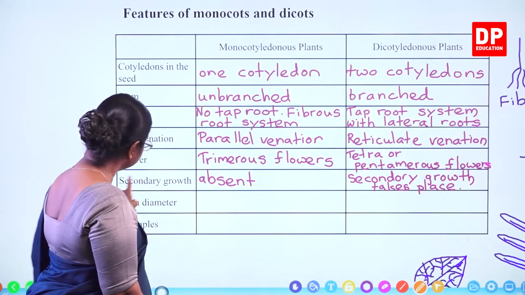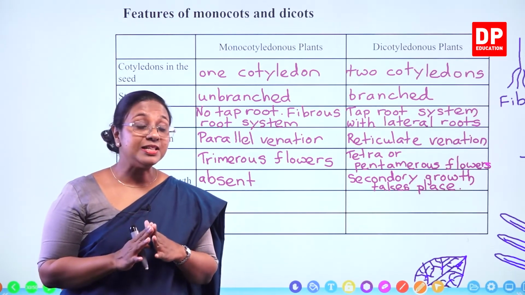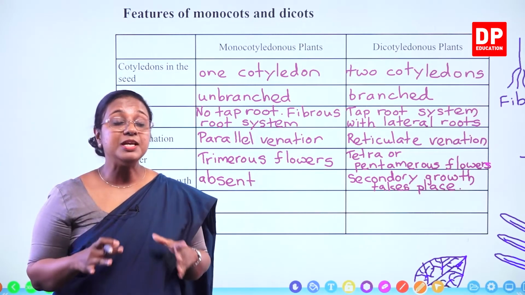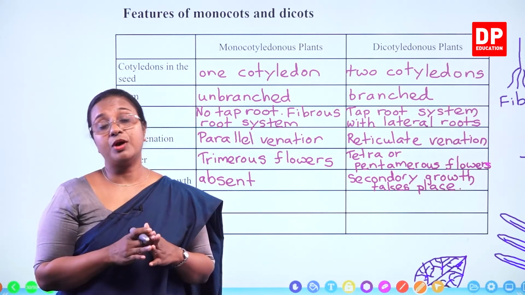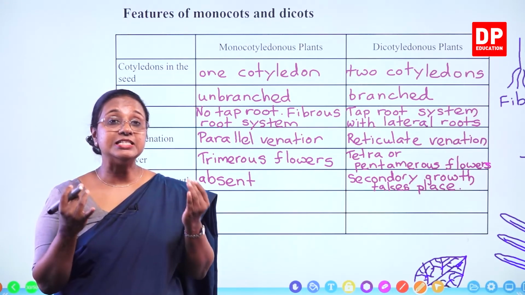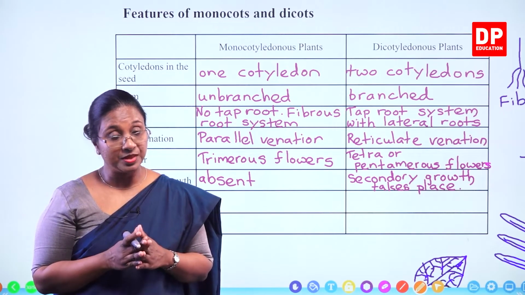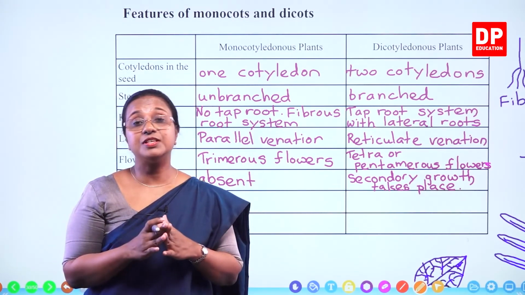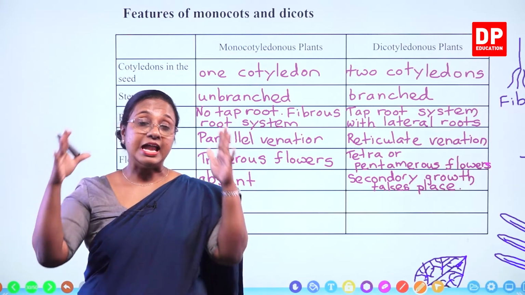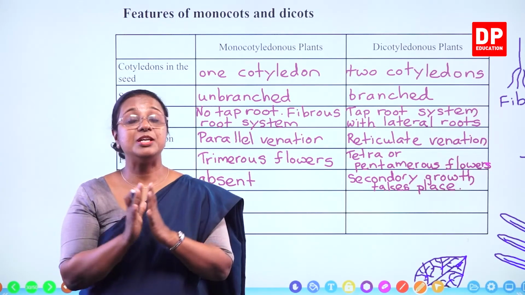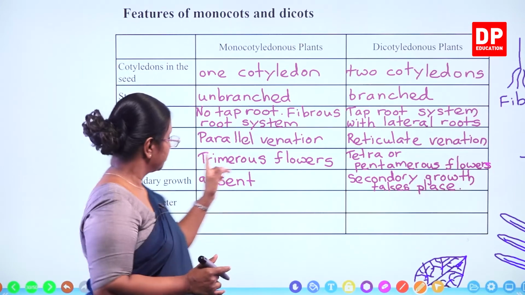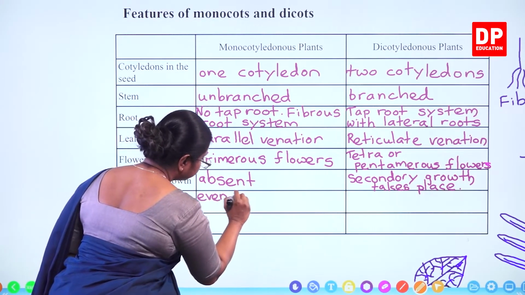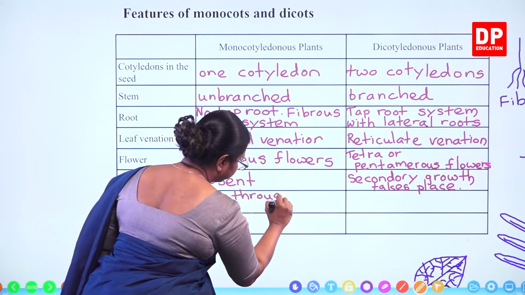The next one, stem diameter. Now I explained this to you all before also. When you look at a monocot plant, the diameter of the stem is uniform throughout the plant and usually it is a circular stem. But if you take the dicot plants, you can see at the base of the stem, it's broader and towards the tip of the plant, the diameter of the stem decreases. So here, stem diameter is even throughout the stem.